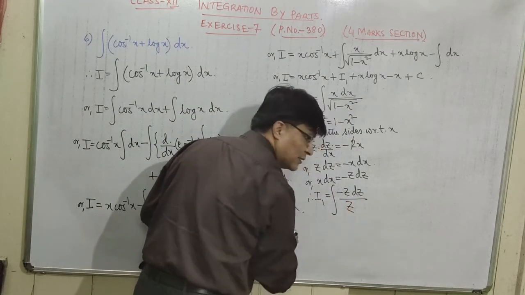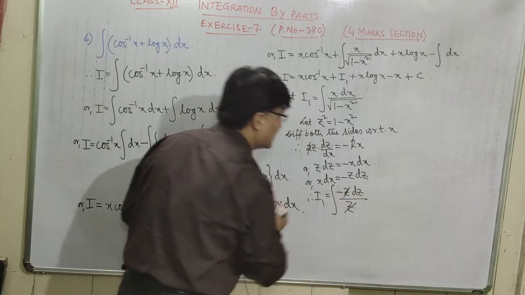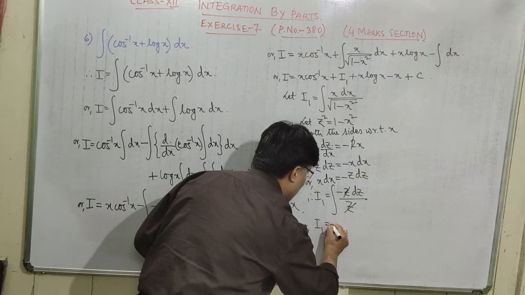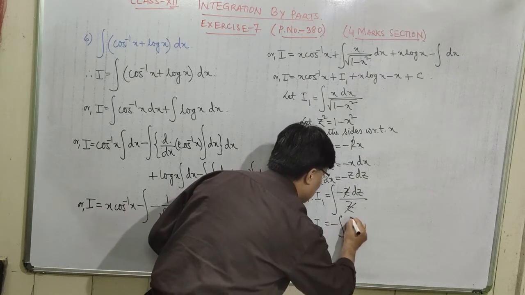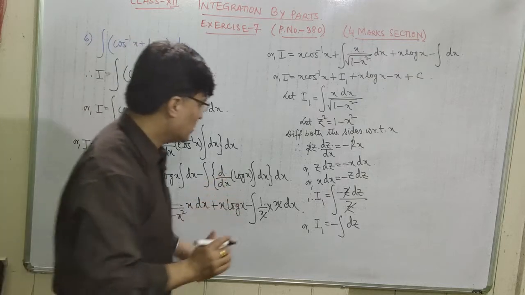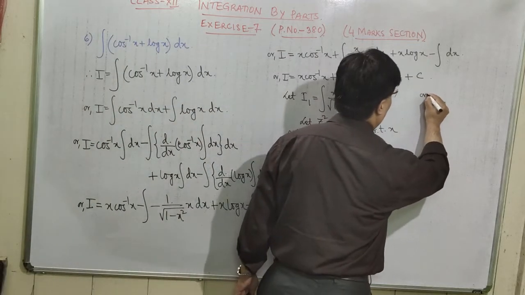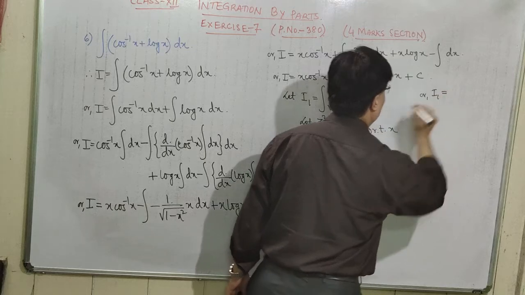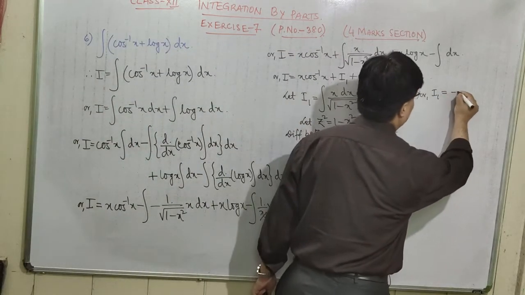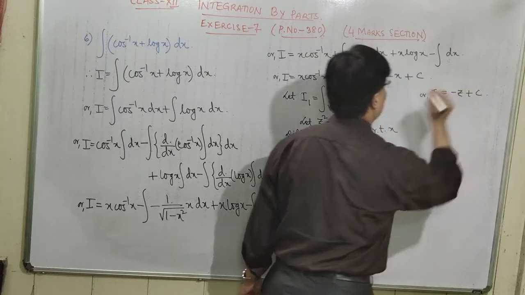That is your z, okay? So here z gets cancelled. So I1 is equal to minus integral of dz. Is that understood now? So next, what is I1? I1 is equal to minus z, then plus c.